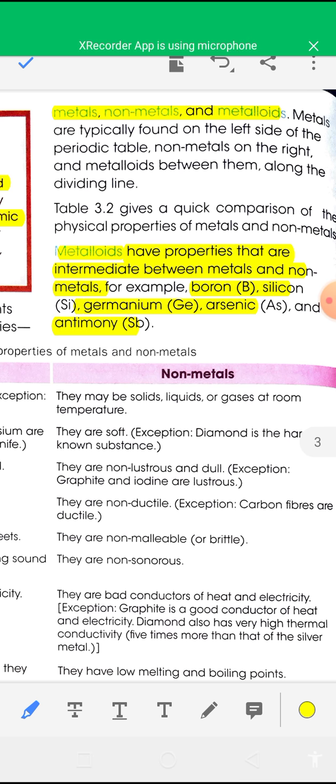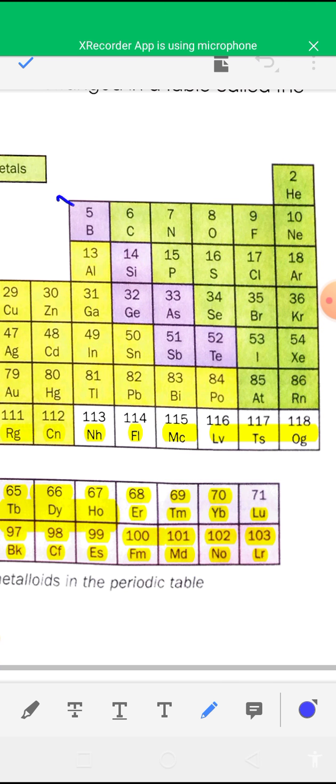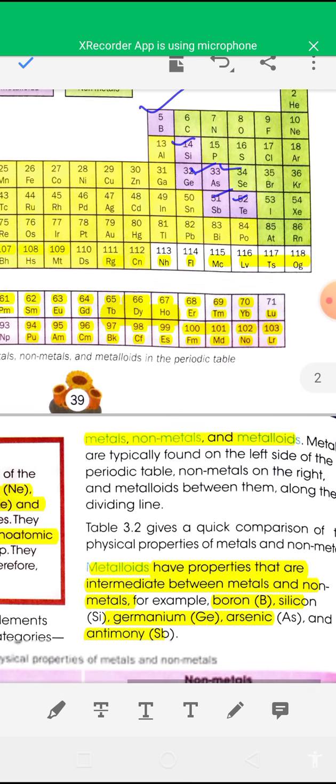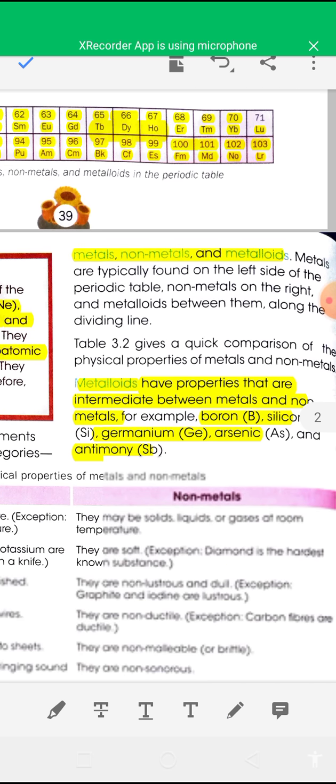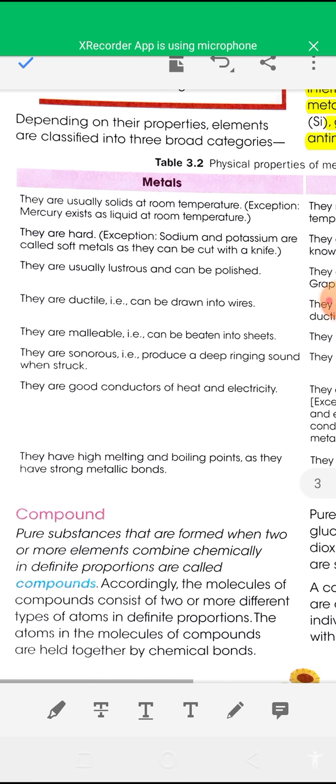These are some examples of metalloids, and metalloids are placed here. Metalloids have properties that are intermediate between metals and non-metals. Now see the properties of metals and non-metals. You have already studied in class 6 about the properties of metals and non-metals.